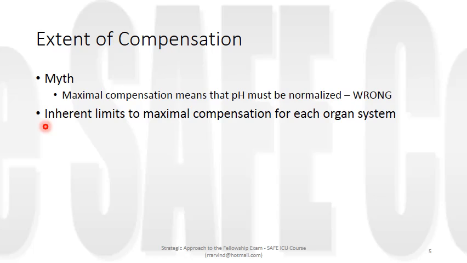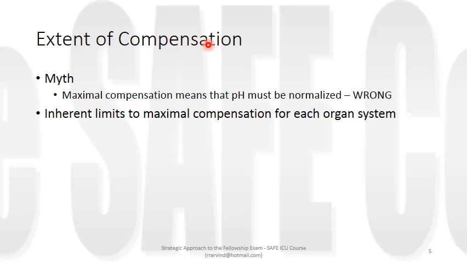If you have such a bad metabolic acidosis that despite the patient breathing down to a PaCO2 of 5 millimeters of mercury, the pH is still low, then it's not a fault of the lungs. The lungs are compensating maximally, but the extent of the primary problem is so severe that despite the maximal compensation by the lungs, the pH is still abnormal. So remember that there are inherent limits to maximal compensation for each organ system.